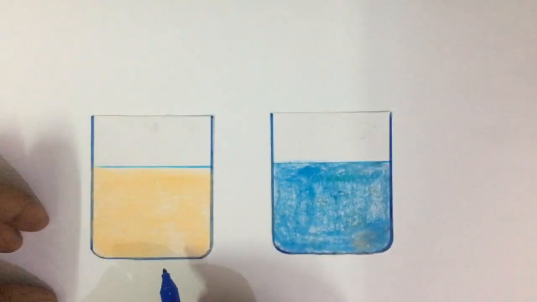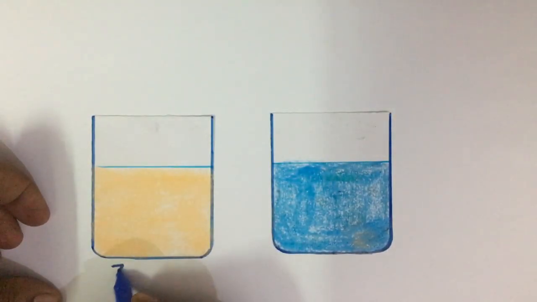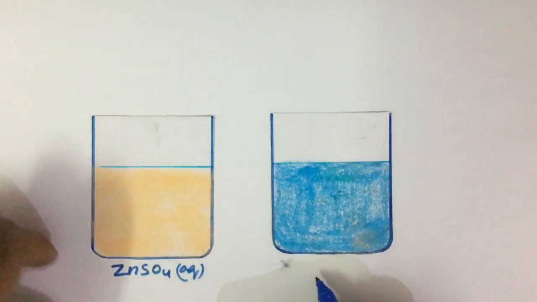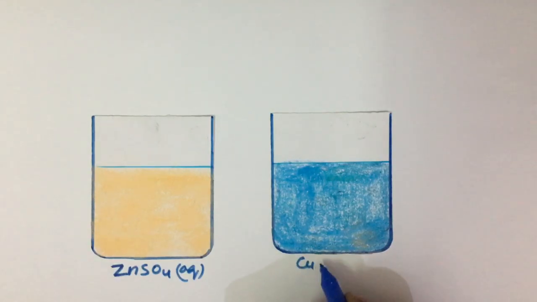The parts of the cell. This cell contains two containers. One container contains an aqueous solution of zinc sulfate. In the other container we have an aqueous solution of copper sulfate.